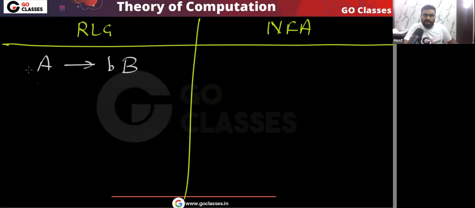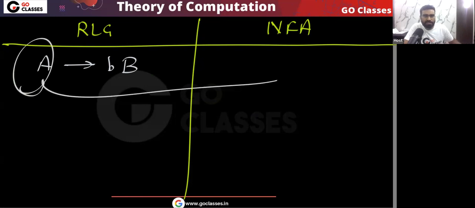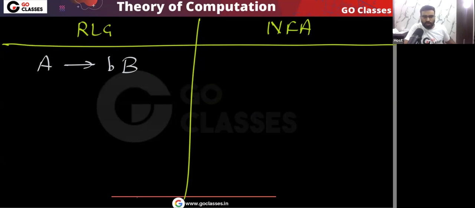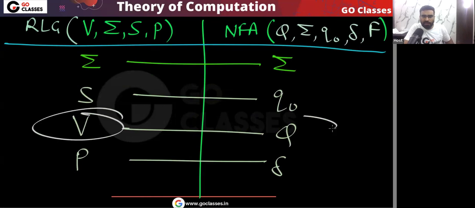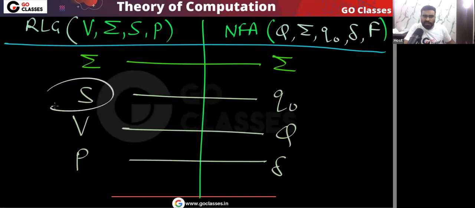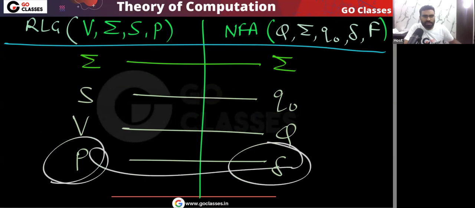This type of production rule we can have in the right linear grammar. So if you have this type of rule in the right linear grammar, then in the NFA what will you do? I told you these variables will become the states. Yes or no? We have already seen variables will become the states. The start variable will become the start state. The production rules will become the transition rules.